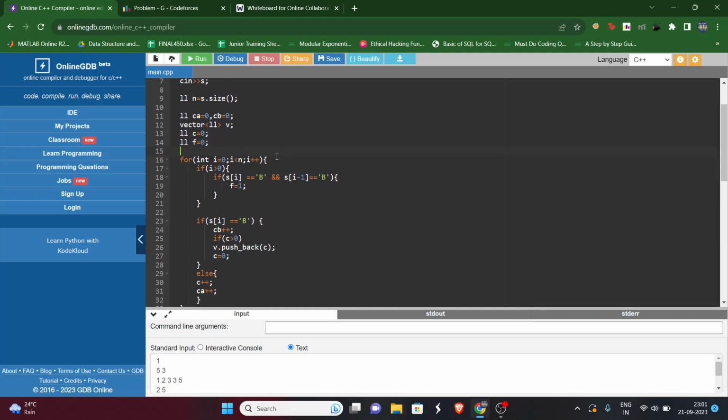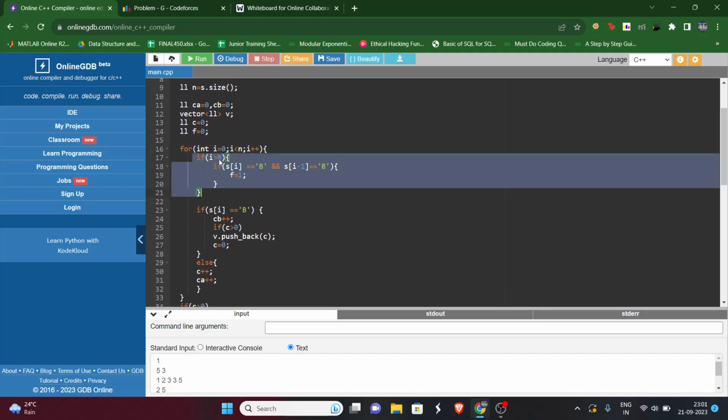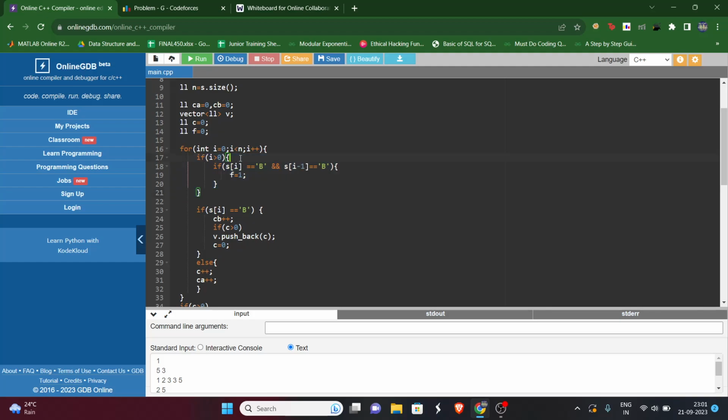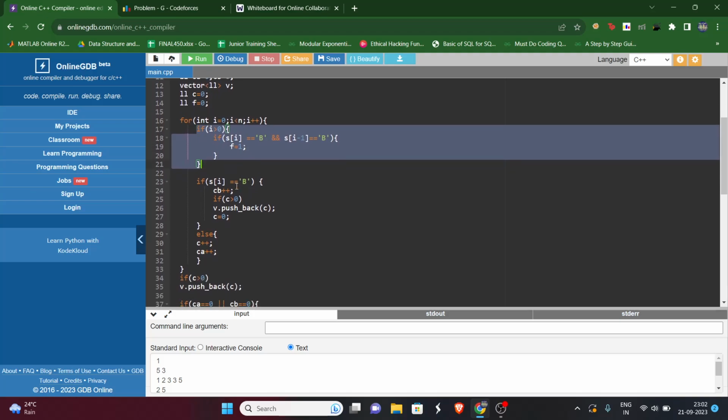We'll run the loop from 0. If I is greater than 0, then only can we check the I and I minus 1th characters. If both are B, we simply set F to true. We cannot break over here because we need to calculate the count of A.